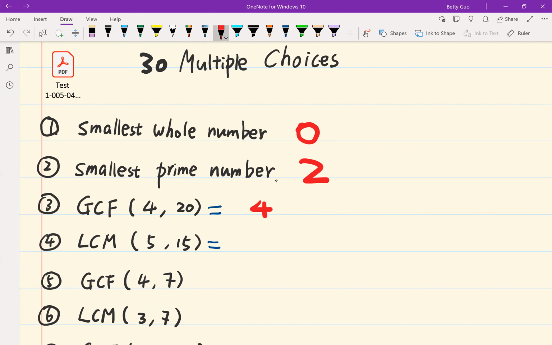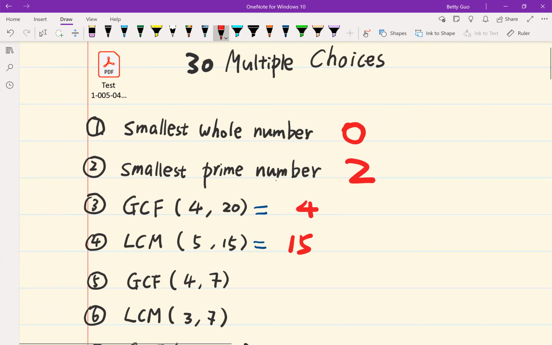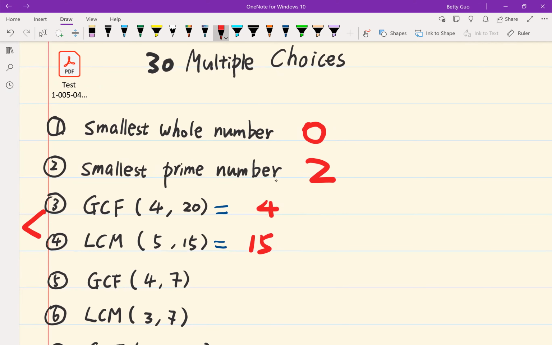Number 4, am I clear? Do you need me to repeat that? Okay, number 4, what's the least common multiple of 5 and 15? Perfect. That's special case number 1 as well. So number 3 and number 4 are special case number 1. 5 is a factor of 15, and 15 is a triple of 5. 15 is the smallest multiple of itself and a multiple of 5.